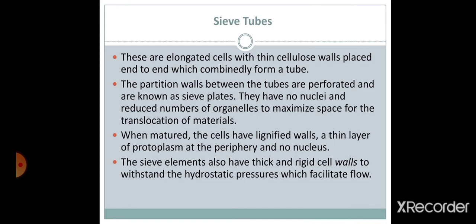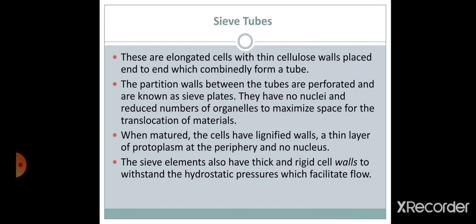The nucleus degenerates at the maturity of the sieve tube, but the cytoplasm is retained. At maturity, the cell wall of the sieve tube may slightly thicken due to the deposition of pectin, and the sieve pore consists of cellulose. Coming to the structure of the sieve tube, sieve tubes are long tube-like structures arranged one above the other vertically.